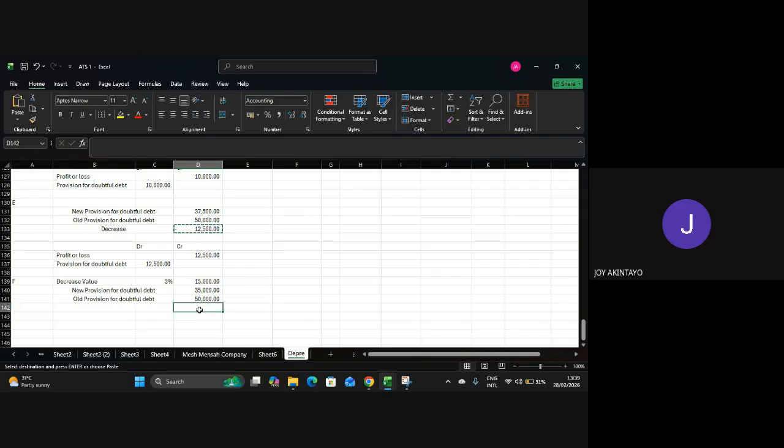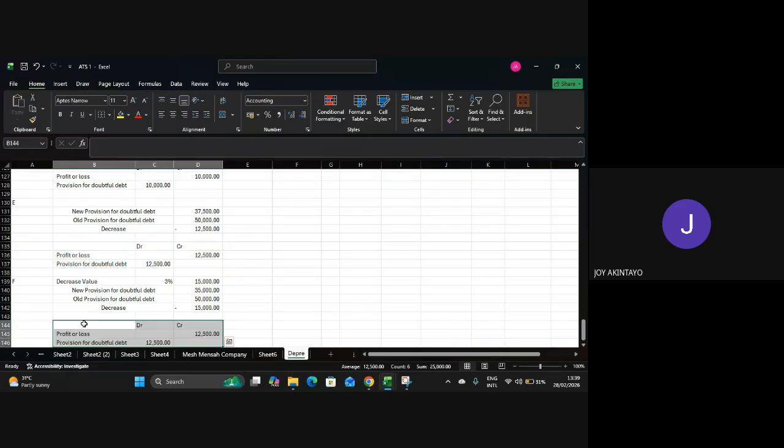Then you still have your decrease as usual. So I want you to do this one. How do we record this? Which one is going to the debit side?